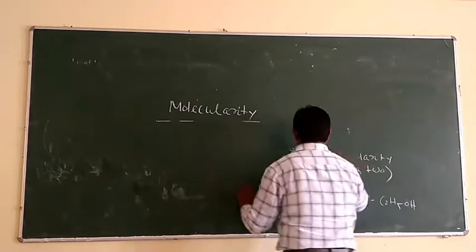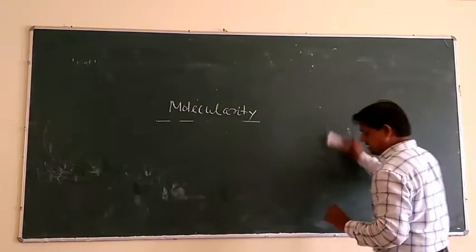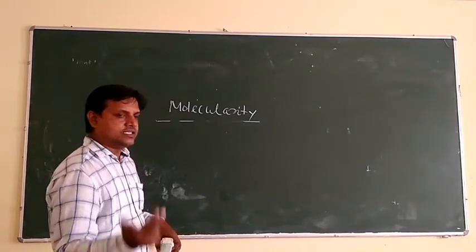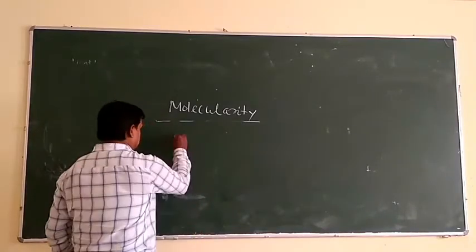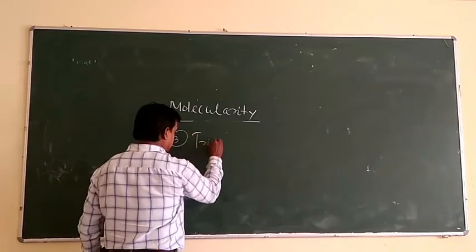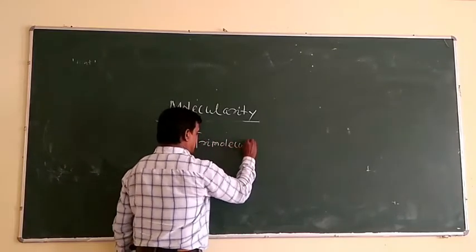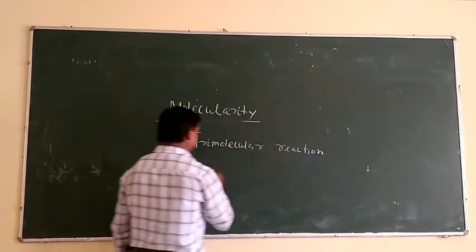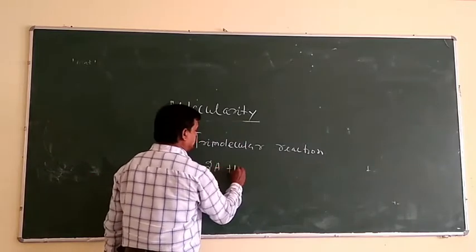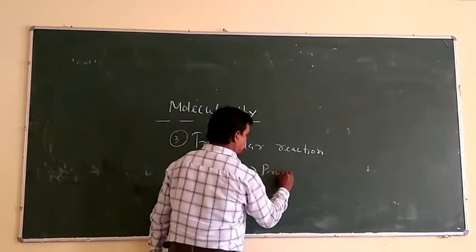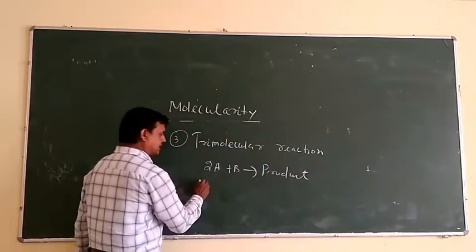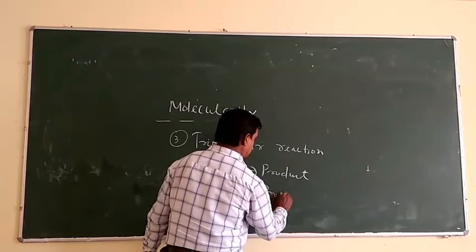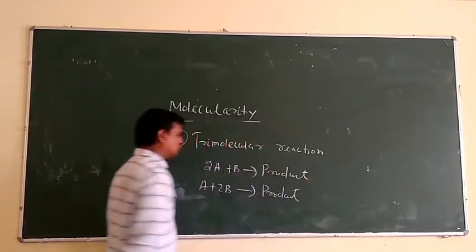Then come to trimolecular reaction. Three molecules are participating in the rate of the reaction. Suppose 2A plus B gives product, or you can say A plus 2B gives product.